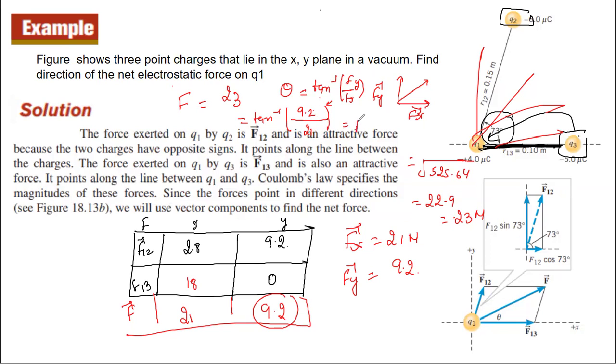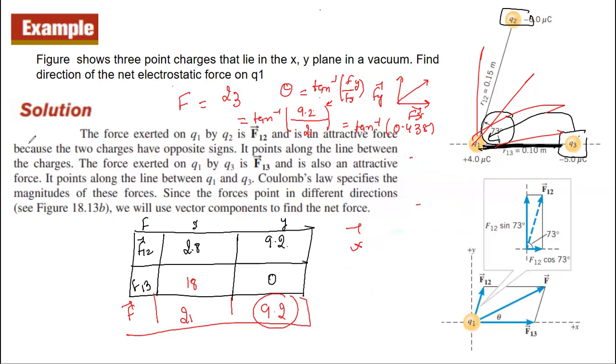So I got tan inverse of 0.438. If you do the tan inverse of this number, that would be 24 degrees. This is the direction.